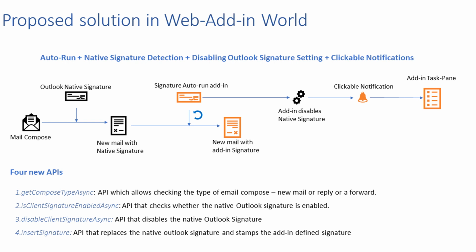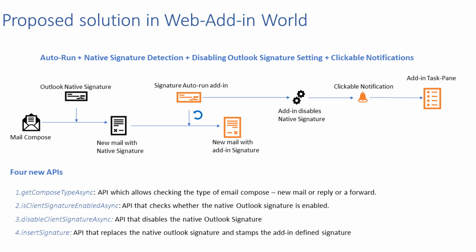With that API, we are allowing you to check what type of email you are writing, whether it's a brand new email or if you're replying or forwarding. For each of those three types of compose, you might have different signature experiences, so this API tells you what type of message is being composed right now.